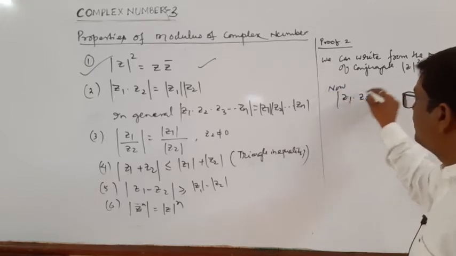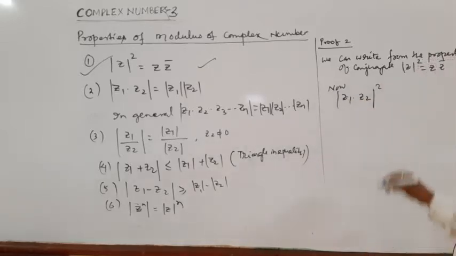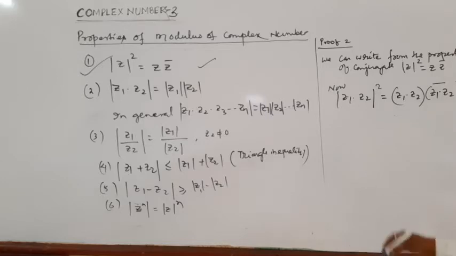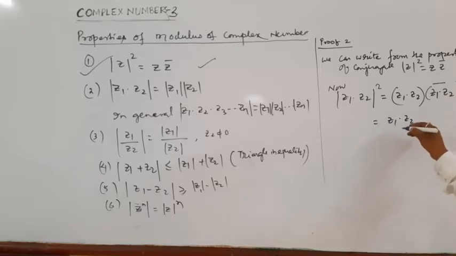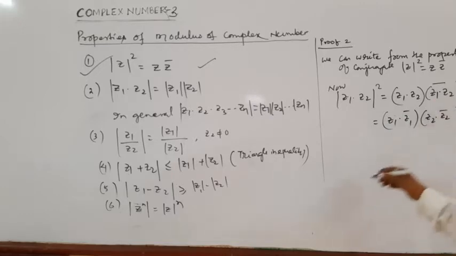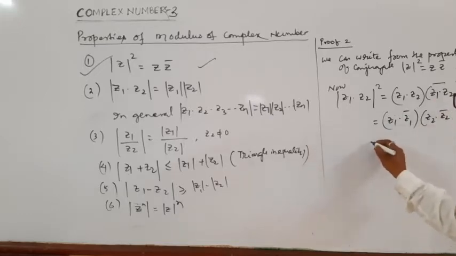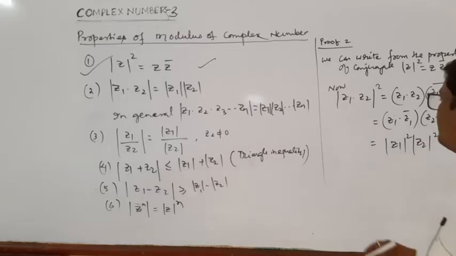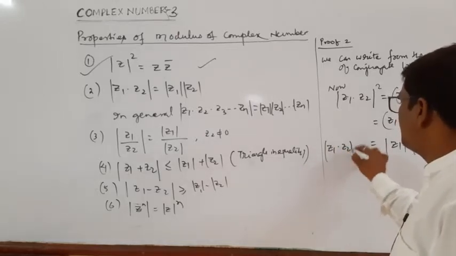Mod of z1 z2 whole square is equal to z1 z2 into conjugate of z1 z2. This can be written as z1 z2 into z1 conjugate z2 conjugate, which is equal to z1 into z1 conjugate into z2 into z2 conjugate, so that is mod z1 square into mod z2 square.